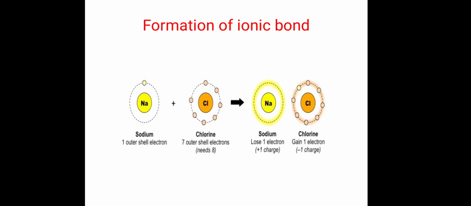Chlorine has atomic number 17, so 1s2, 2s2, 2p6, 3s2 and 3p5. Here sodium is ready to ionize one electron, or ready to donate one electron. Chlorine is ready to receive that one electron. So the result is formation of ionic bonding.